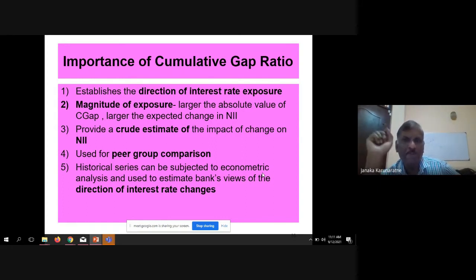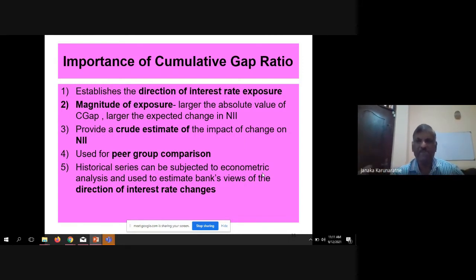Now, cumulative gap ratio basically establishes the direction of interest rate exposure. So it tells where we are heading. Okay, so what would be the interest rate risk exposure and the magnitude. Magnitude: the larger the absolute value of the cumulative gap, the larger the expected change in net interest income.